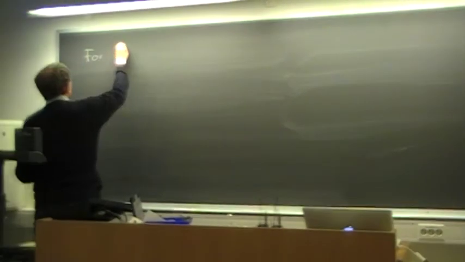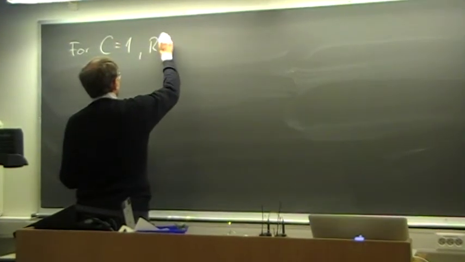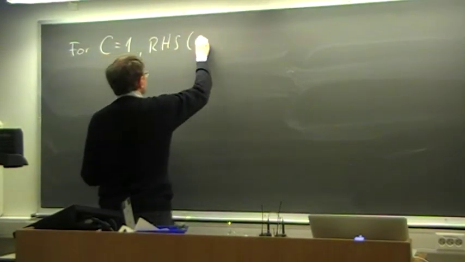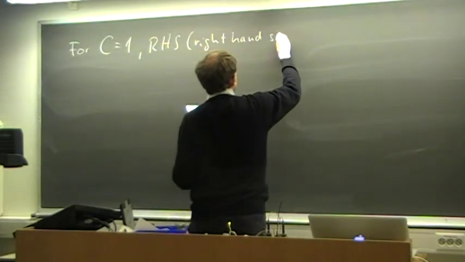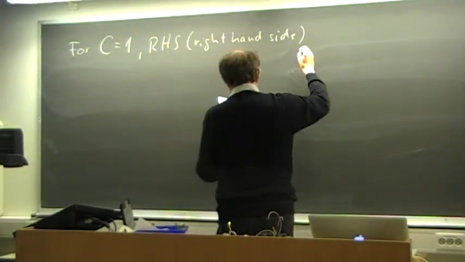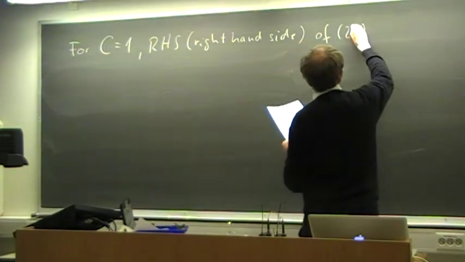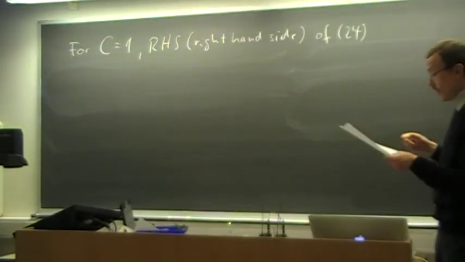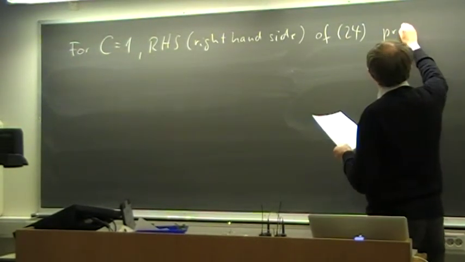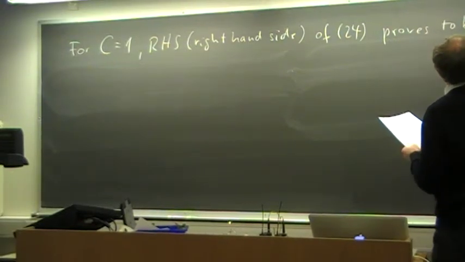So for Courant number equal to 1, the right-hand side of the modified equation of the explicit upwind method, which was 24 that we just derived before the break, proves to be 0.